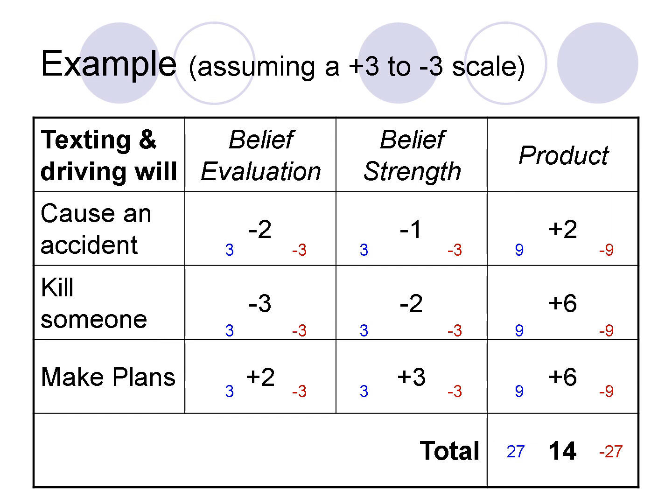So for the belief evaluation and belief strength, we had a +3 to a -3, and since it's always the product, where you multiply those first 2 cells, each product could be between a +9 and a -9. So all the way down at the bottom, for all these components put together, it means that 14 is on a continuum from +27 to -27.